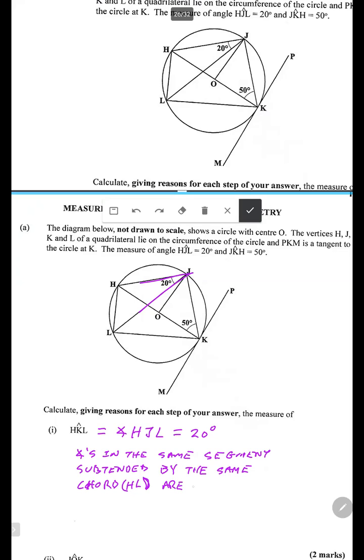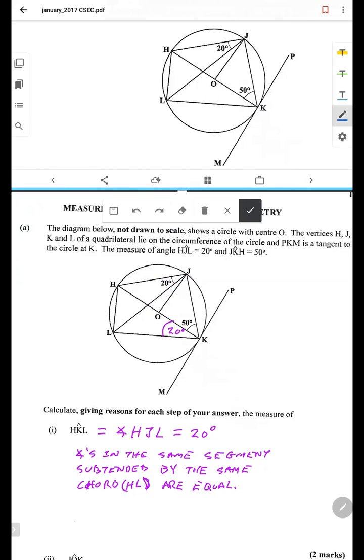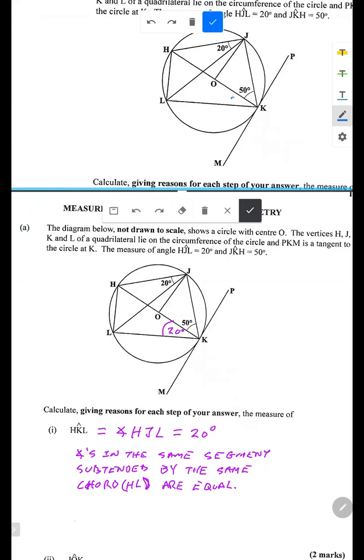Those 2 angles are equal. That is the reason. So the angle that we want up here is 20 degrees. Let's put it on the diagram. So this angle is 20 degrees. Let's put it up here as well.